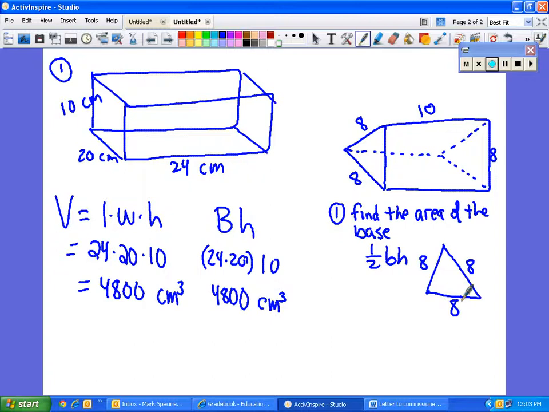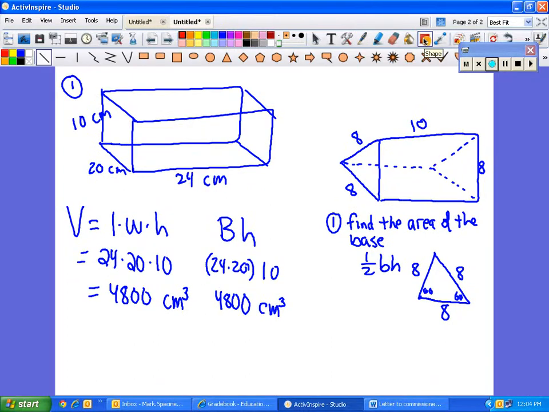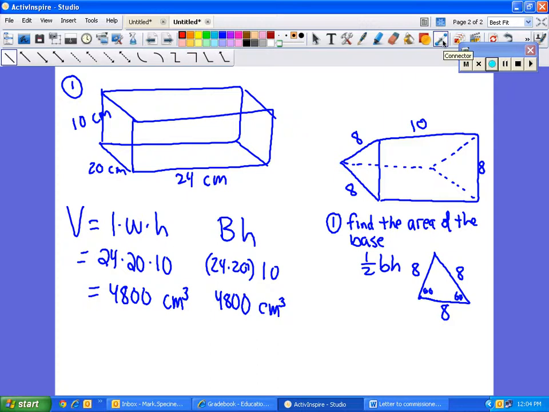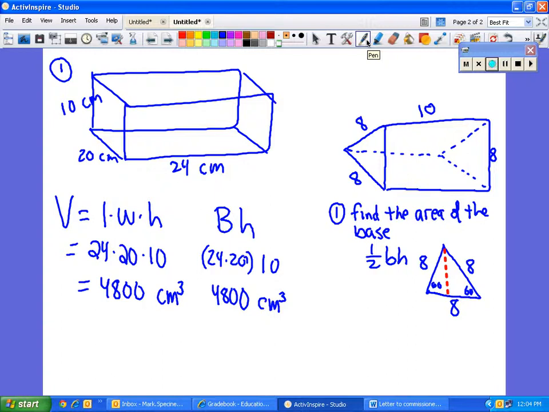So this angle is 60, and this angle is 60. So what I need to do is draw in my height.